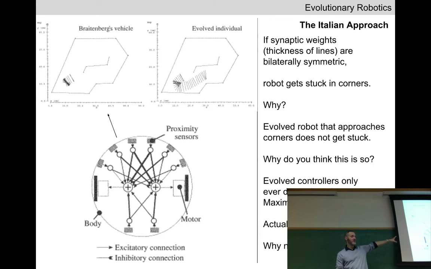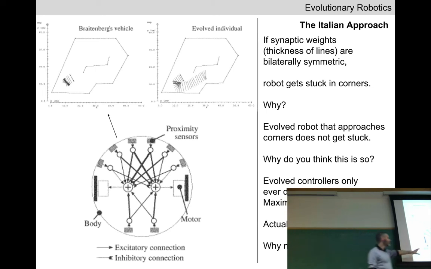This is visualizing the synaptic weights for the Braitenberg vehicle. What do you think the pattern of synaptic weights is in the best evolved individual? Asymmetric. Whatever it is, it's asymmetric, right? So the investigators forced symmetry in terms of excitation and inhibition, but the amount of excitation or the amount of inhibition, evolution came up with an asymmetric solution, which again is great because it gets you out of corners.